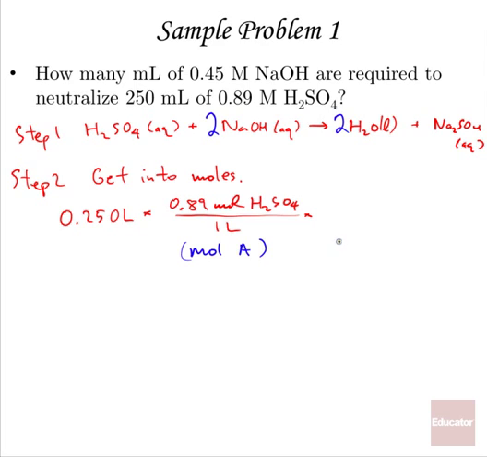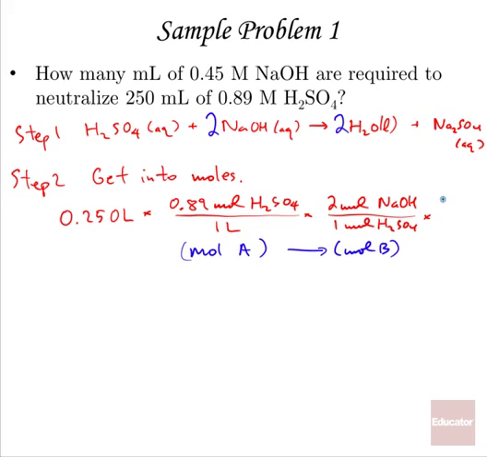And now we want to go to moles of B. So the mole to mole ratio is 1 sulfuric acid to 2 sodium hydroxide, so times 2 moles of sodium hydroxide for every 1 mole of sulfuric acid. And finally, the question's asking for volume, right? We want to get now into milliliters. So to do that, we use molarity.